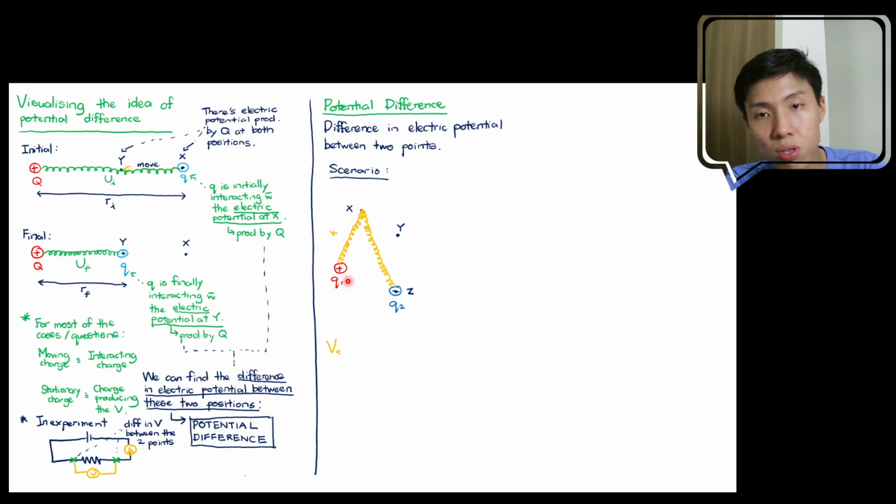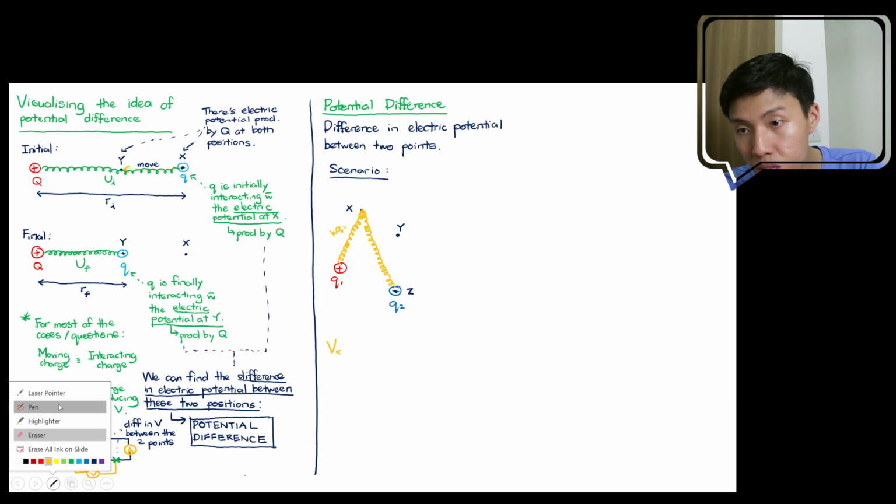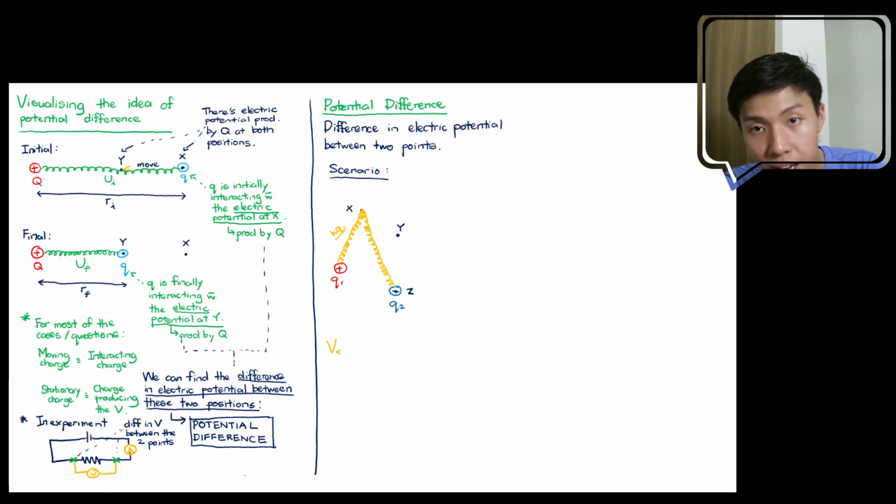So who is producing? Q1. So this one will be KQ1. The distance will be between Q1 and X, so R1X.